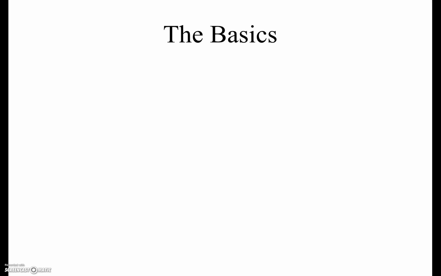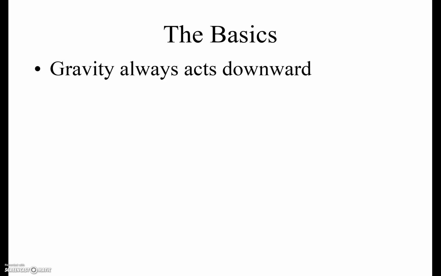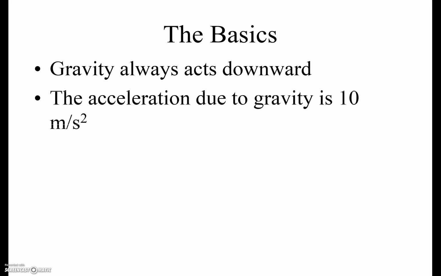Let's investigate objects that go up and then come back down. First, we want to cover some basics. We need to know that gravity always acts downward. And we also need to remember that the acceleration due to gravity is 10 meters per second squared.